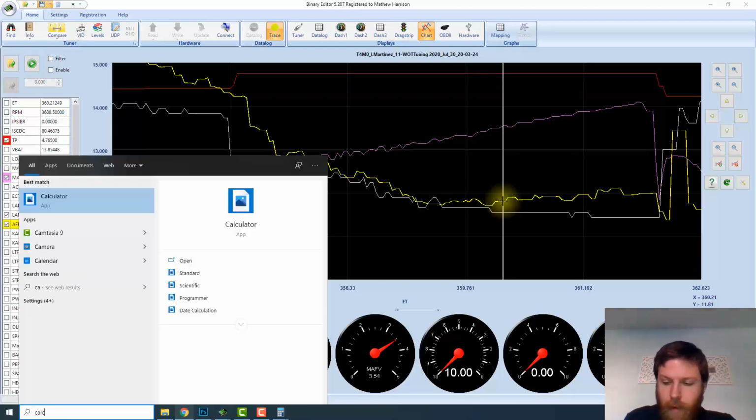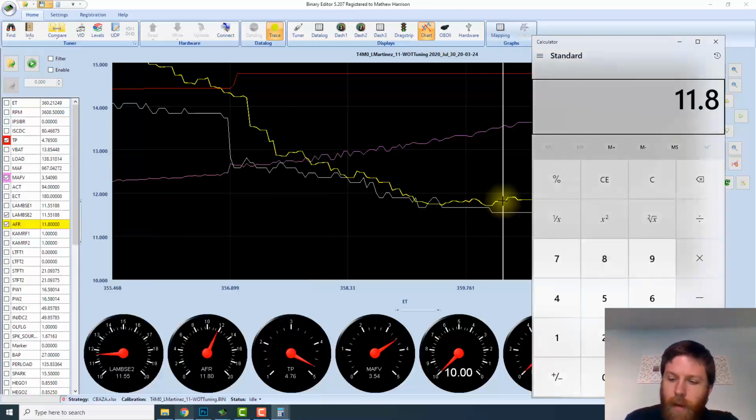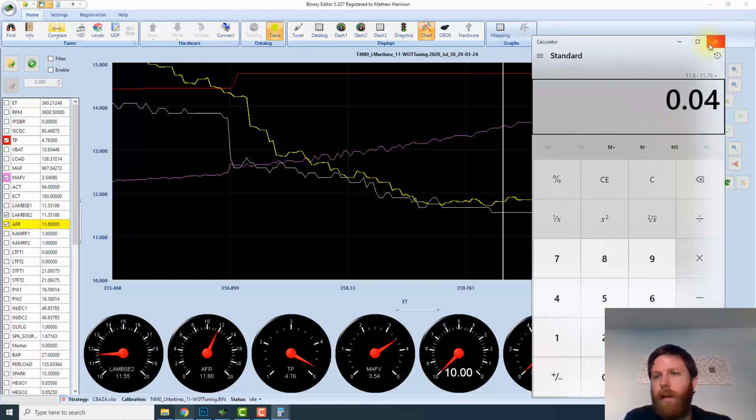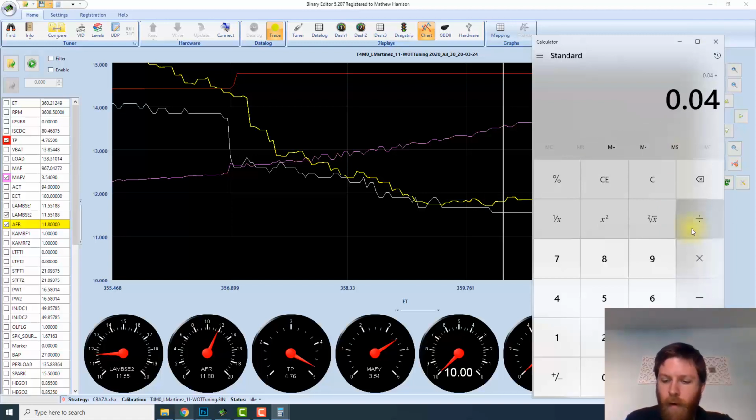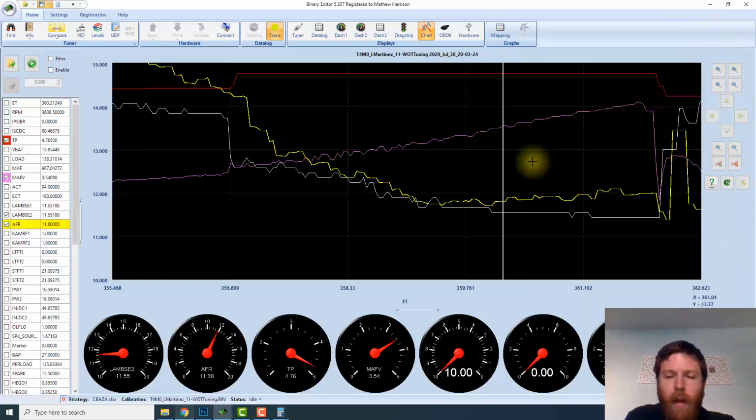So calc 11.8 minus 11.76, and you see that it's a negligible difference at this point. We're talking about just a tiny amount of fuel that's off, and then we divide that by our 11.76. So it's a third of 1%. It's really not even worth messing with at that point.